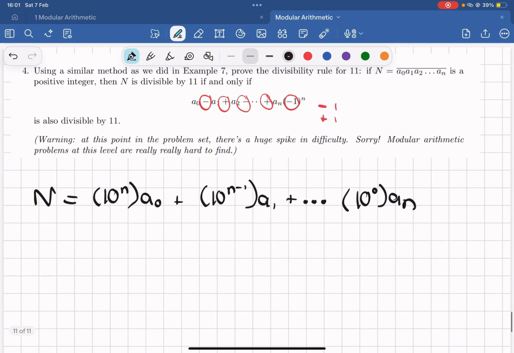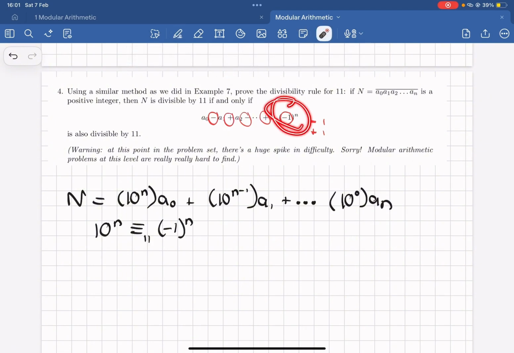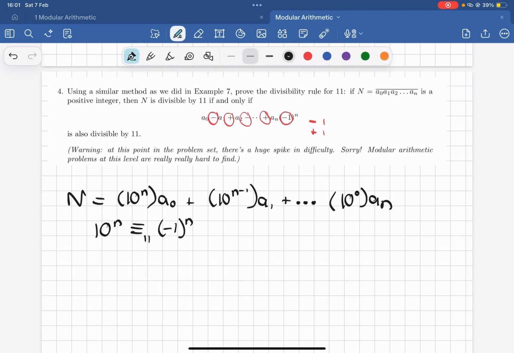Now we need to show that this is divisible by 11, so obviously we need to work in mod 11. Now notice 10 to the n is congruent to minus 1 to the n mod 11. This is where this minus 1 to the n kicks in. I think that will be useful now.